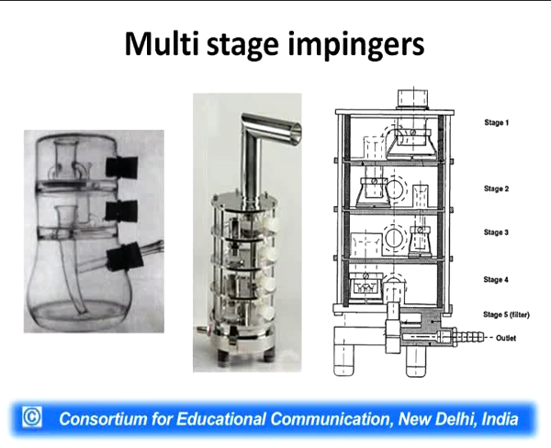In the picture at the extreme right, the air passes through the top opening and goes into the liquid, where it deposits some particles. Then the remaining air comes out, passes through another opening and goes to stage 2, where again it deposits some particles, and then comes to the third stage, and so on.